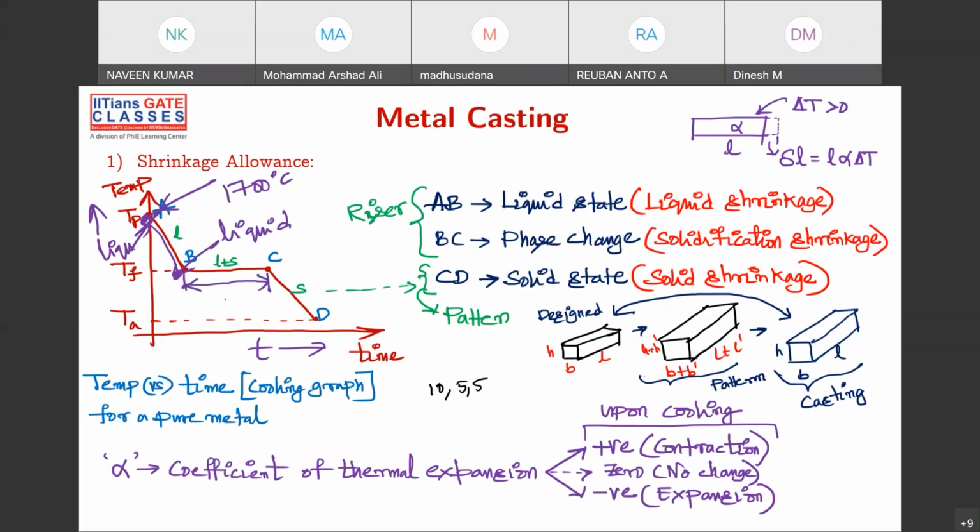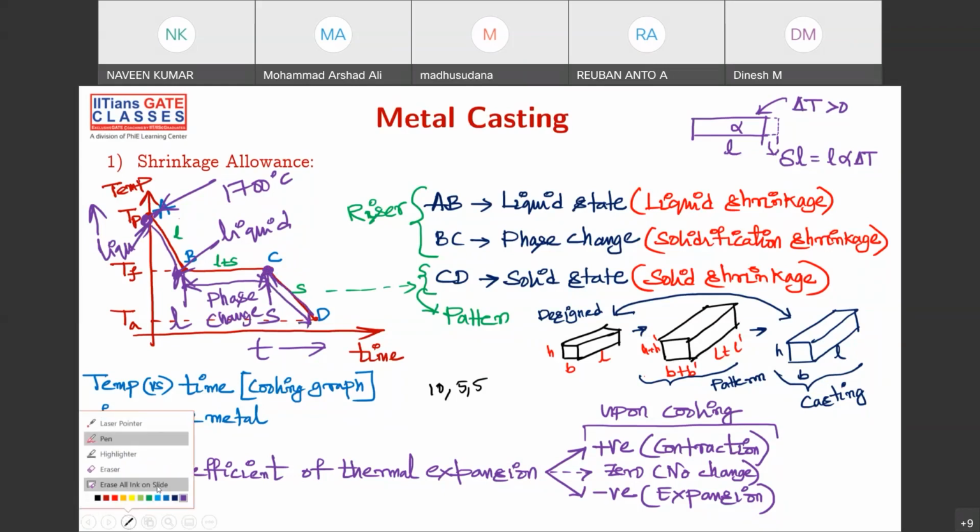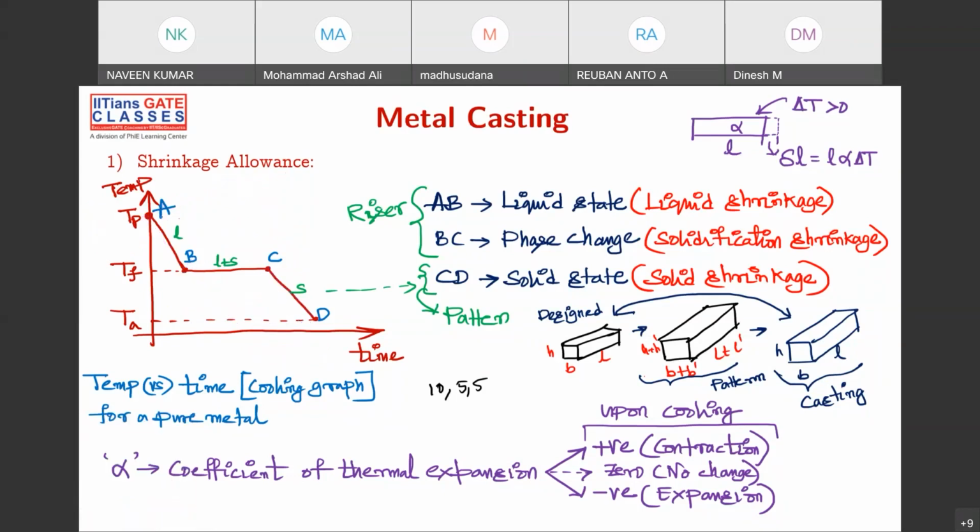Here it is liquid, and here it is solid. After reaching point C, the solid is at high temperature, and again its temperature reduces. So this is pretty much the temperature versus time profile.